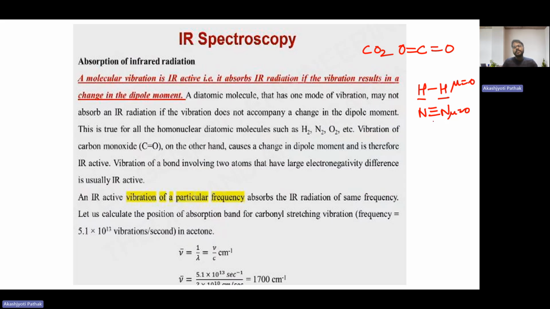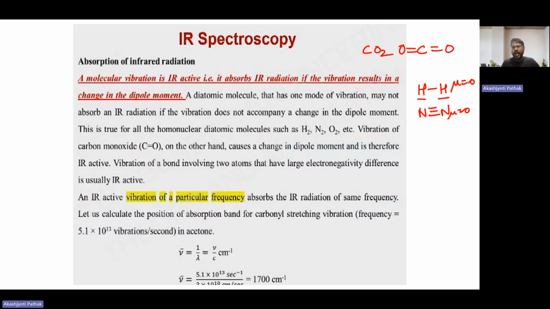And what is IR spectroscopy doing? IR spectroscopy is basically measuring the vibrational motions. So that is why these molecules which are having dipole moment zero will not show any vibrational motions in IR, because there is no change in dipole moment; the vibrations will not accompany a change in dipole moment.